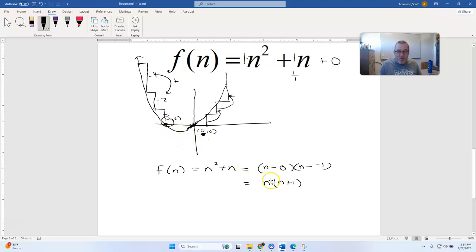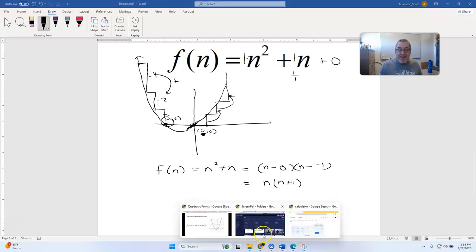Notice that when n is 0, 0 times any other number would give me a 0. And when n is negative 1, negative 1 plus 1 is 0, and that would make the entire product 0. So there's 2 values for n, 0 and negative 1, that make the function output a 0. Therefore, the 2 factors are n minus 0 and n minus the negative 1, simplified just n plus 1.